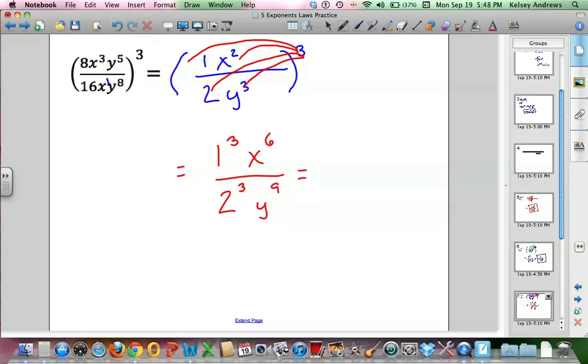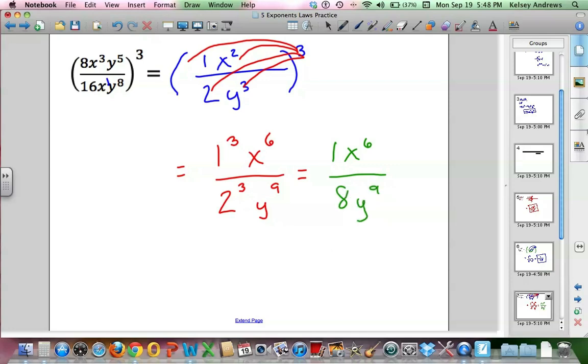We still want to go through and multiply out our numerical values to see if we can reduce our fraction. So 1 to the third power means 1 times 1 times 1, which is still giving us just 1, x to the 6th. And 2 to the third power, remember, it doesn't mean 2 times 3, it means 2 times itself 3 times. So we need 2 times 2 times 2, which gives us 8, y to the 9th.